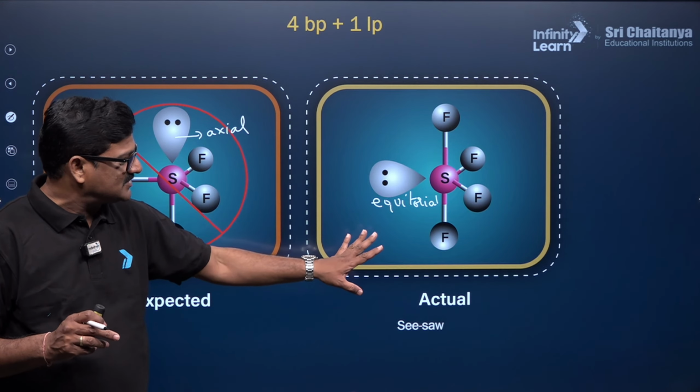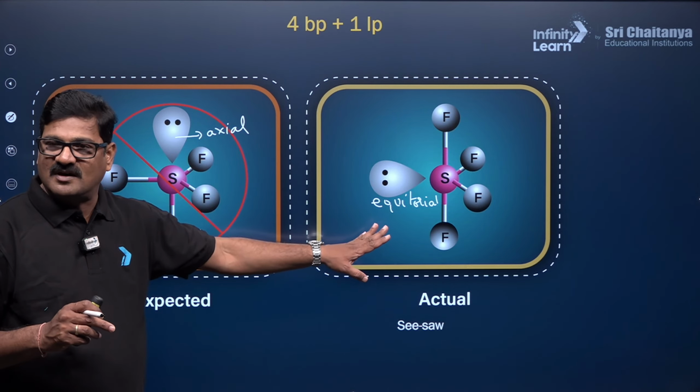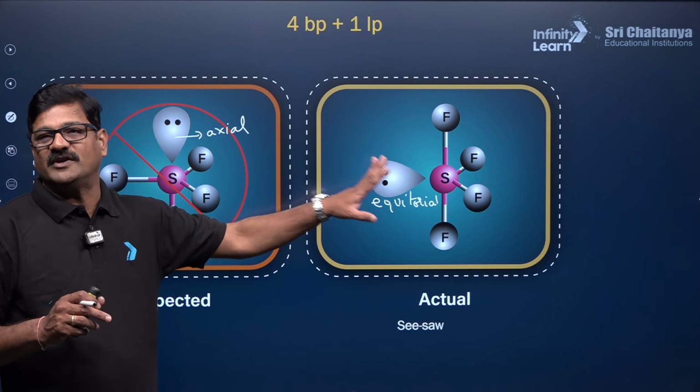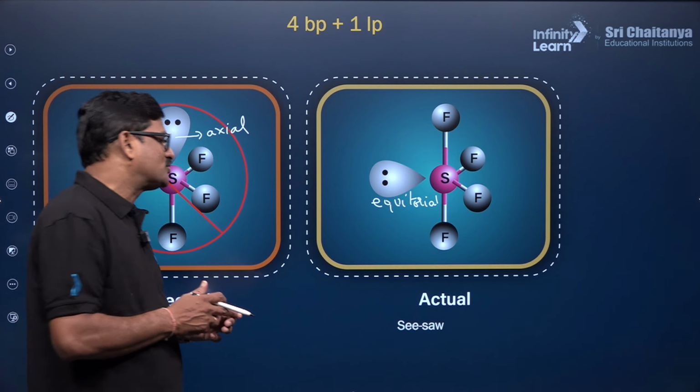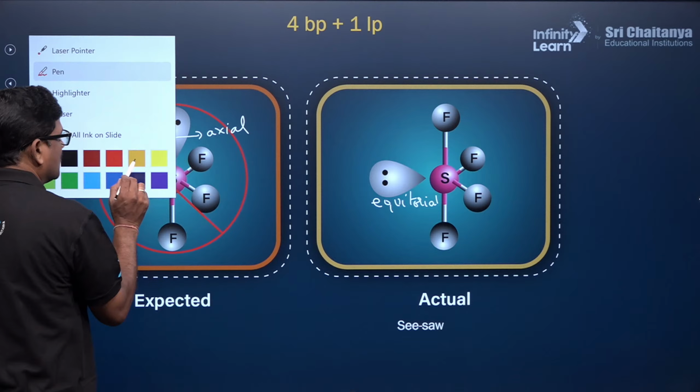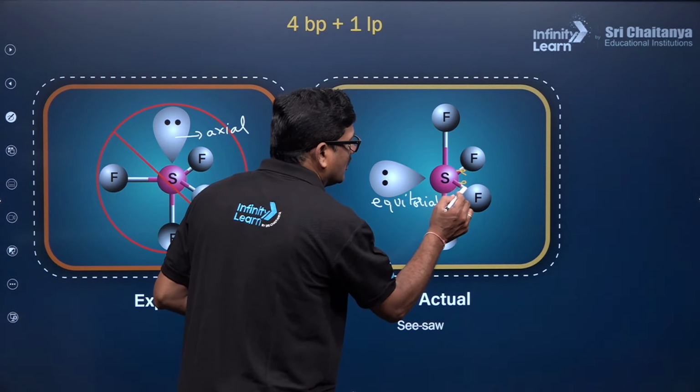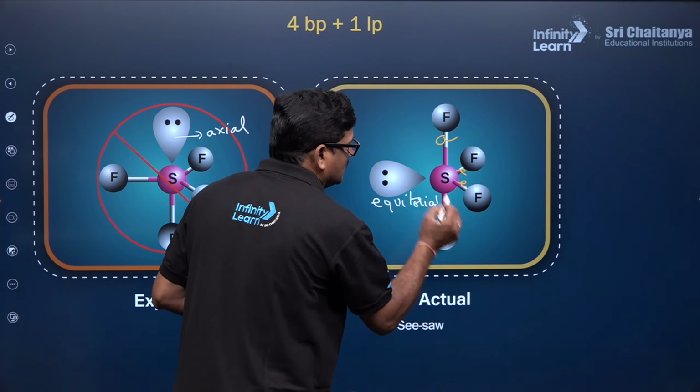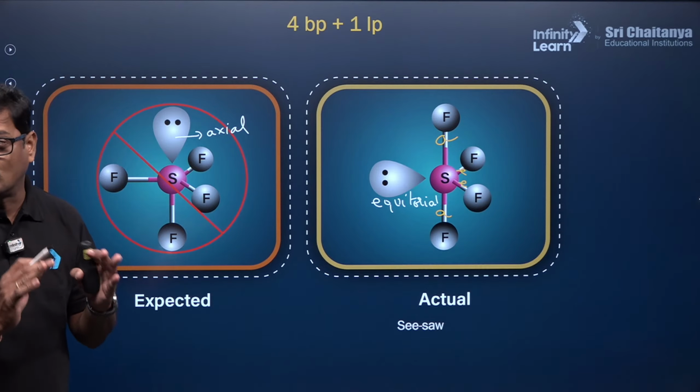In this structure, axial bonds are not equal to equatorial bonds. It's very important. Which one will be equatorial? This will be equatorial, this will be axial. You understand? You are learning very good things.